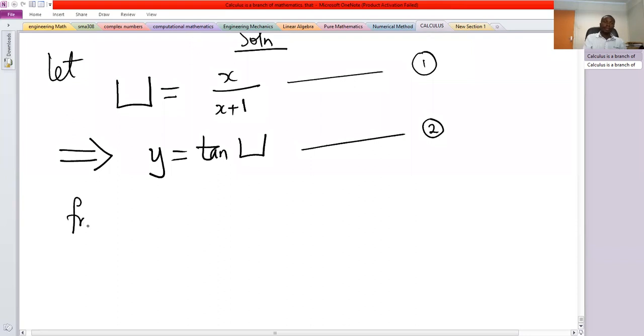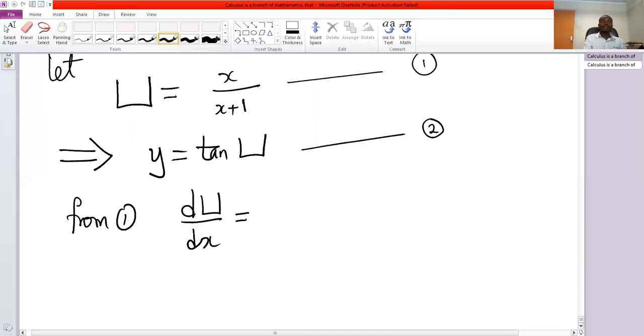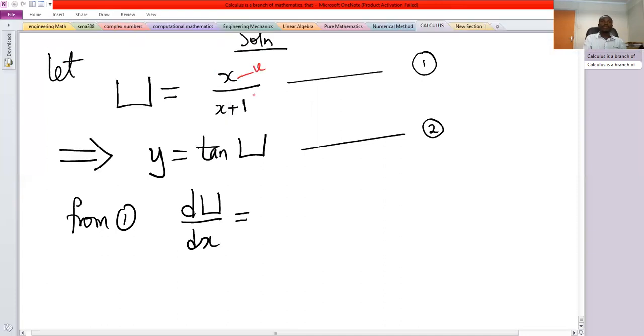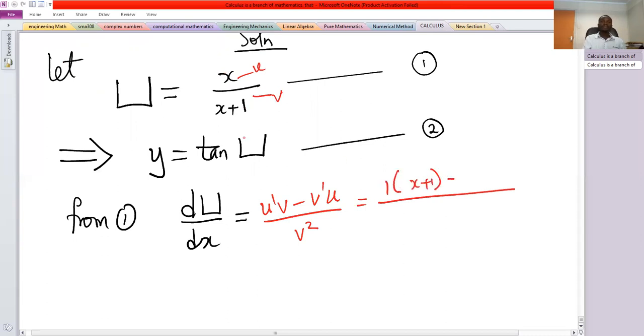Now from 1, dU dx. Now remember, here you use the quotient rule. So we let this one be a small u, this one small v. There's u prime v minus v prime u over v squared. So u prime, differentiate this one, you get 1 times v, which is x plus 1, minus, differentiate v, you get 1 times u, which is x, over x plus 1 squared.